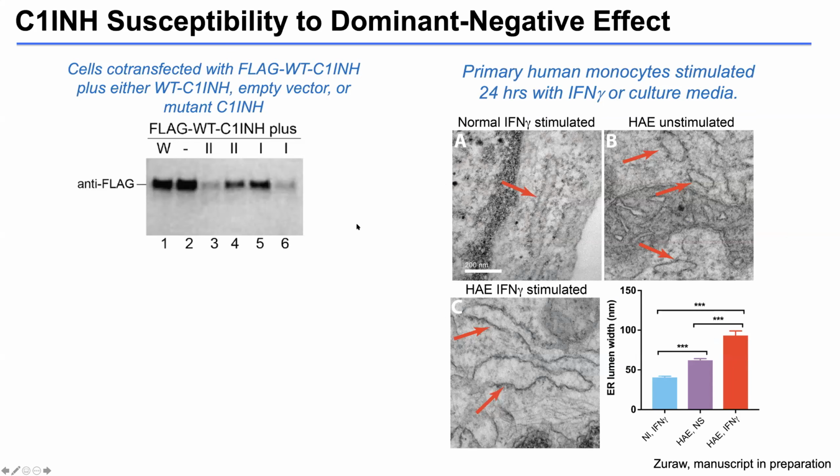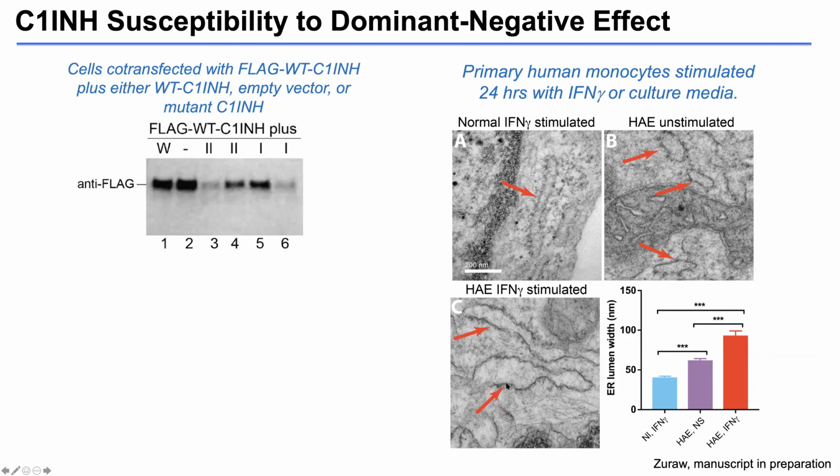We went on, we've looked at monocytes from patients, normals and HAE, and one of the things that we see, we're looking now at the endoplasmic reticulum, and when the ER gets stressed, it gets wider. It basically balloons out. So here's a normal ER. This would be the ER in an unstimulated monocyte from an HAE patient, and you can see how much wider it is than in the normal.